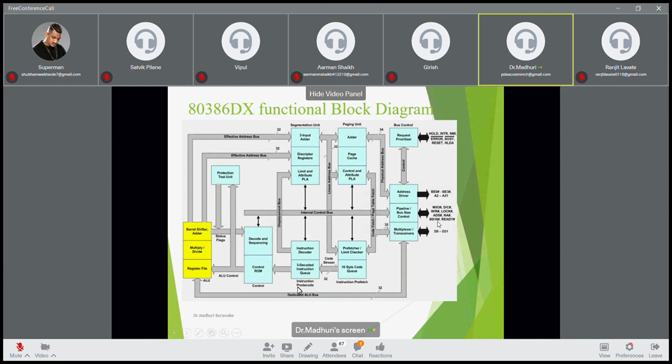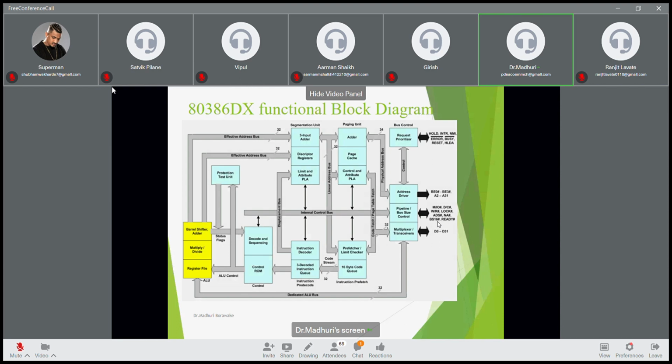Now here you have the prefetch unit. Prefetch unit, that means what? Whatever instructions come from the outside get prefetched and then decoded. Decoded means it is converted into machine level language. Whenever you write any code, it may be in assembly, it may be in C language, the processor will not understand your language. It has to convert whatever code, whatever syntax you have written, into machine level language.